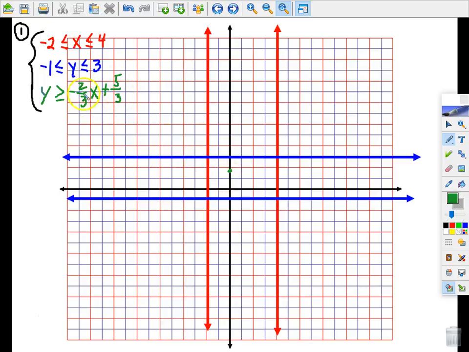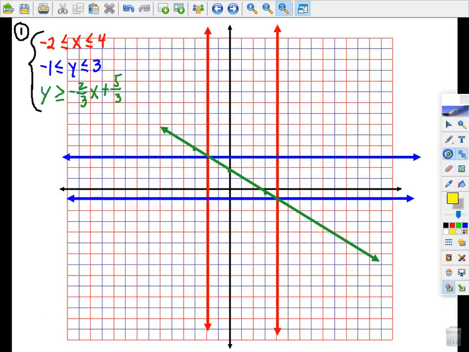And then from there, we'll do a slope of negative 2/3. So that's up 2 and left 3, or we could do down 2 and right 3. All right. So here's the boundary line. And now we'll do the shading.